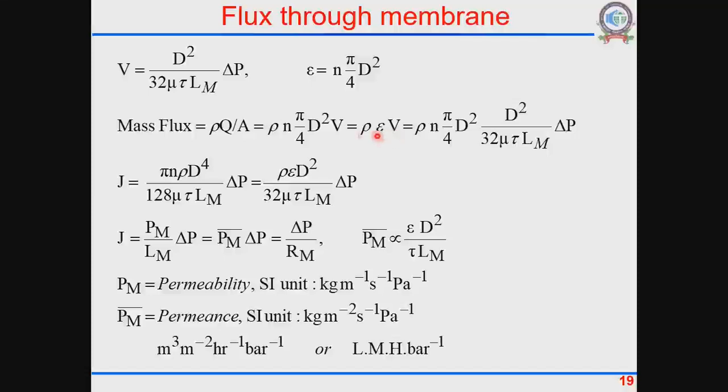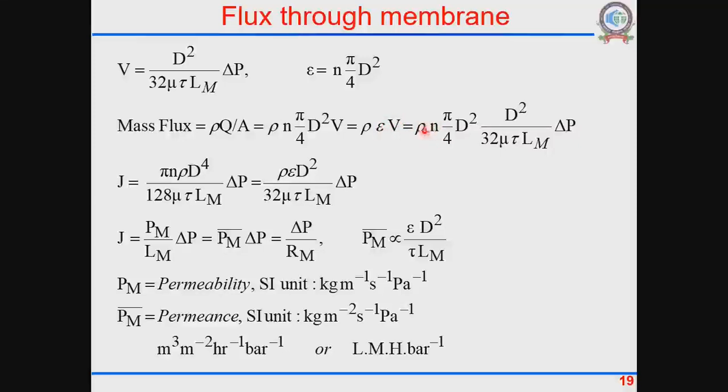Or you can think in a different manner: rho multiplied by velocity would be the mass flux through one such pore, and if you multiply this by pi by 4 d square times n, you get the porosity of the membrane. So you get rho multiplied by epsilon multiplied by v, that would be the mass flux.